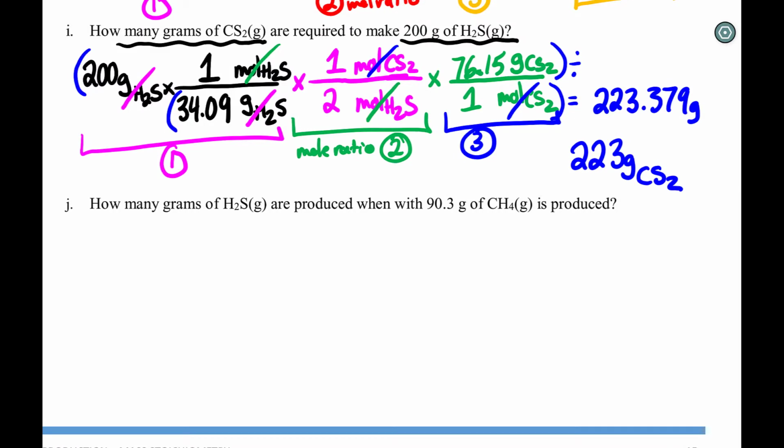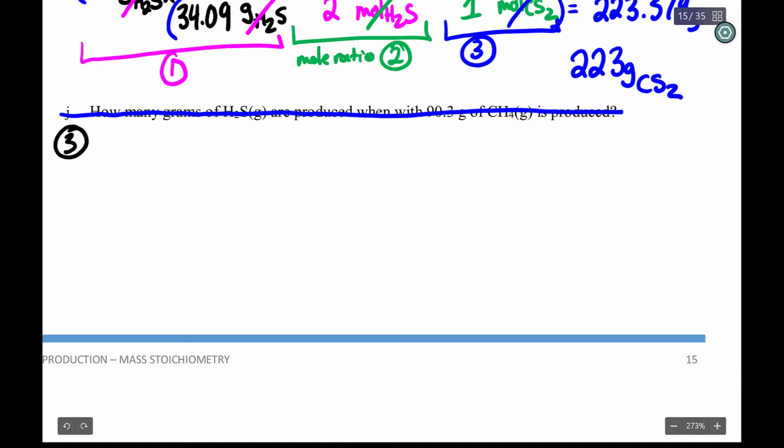So to review the last two styles of mass stoichiometry, I'm going to do it in this space below. In review, to turn moles into grams, we would need 2 fractions. I would start with the moles of substance number 1, and I would convert that into the moles of substance number 2. I would do this using a mole fraction.